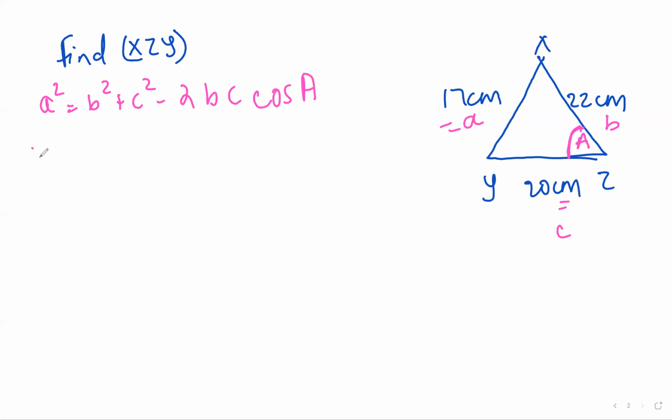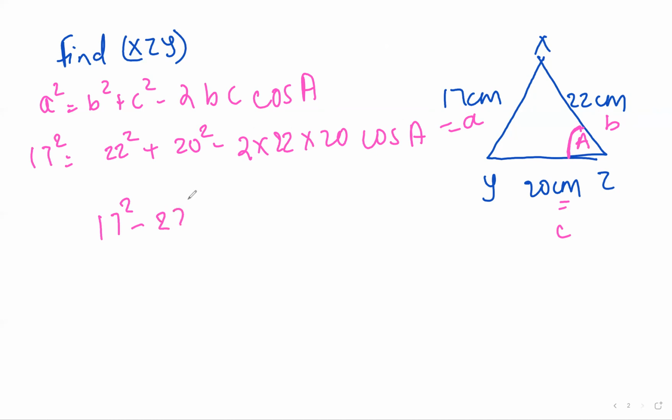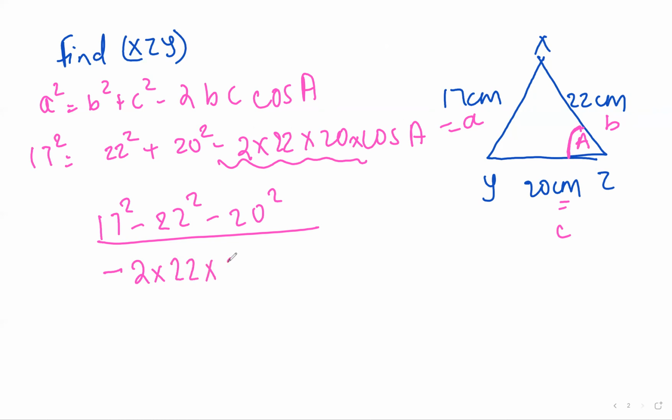A square is there in the question, 17 square. B square is 22 square. C square is 20 square, minus 2 into BC, 22 into 20 into cos A. It is very, very important to feed your data properly on the calculator. 17 square minus 22 square minus 20 square, divided by this whole thing, because multiplication when it goes to the other side becomes division.